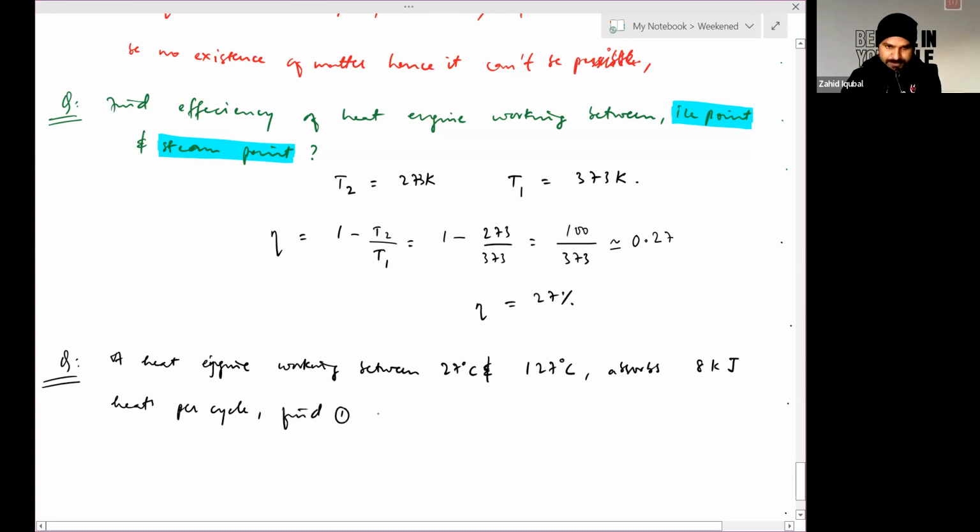Find first efficiency, second work done per cycle, and third heat ejected per cycle.